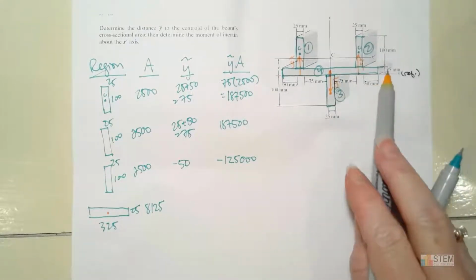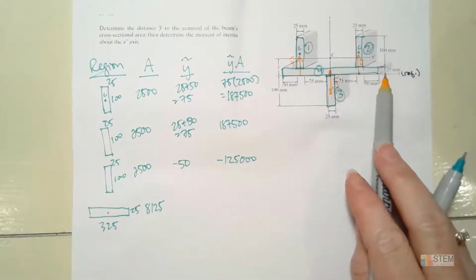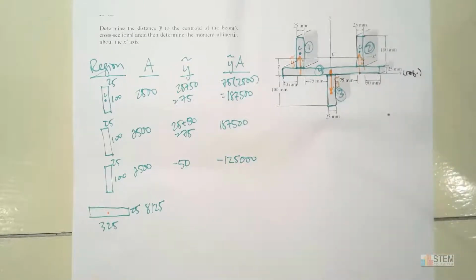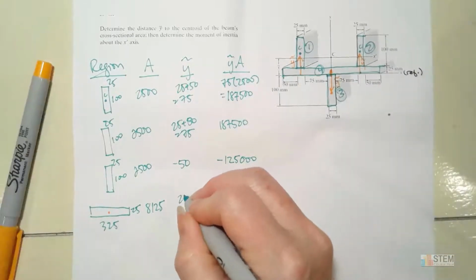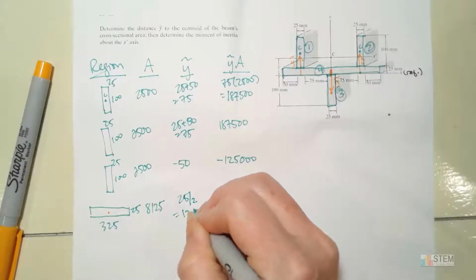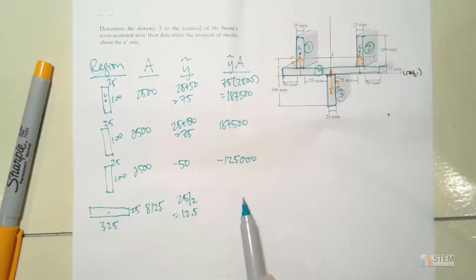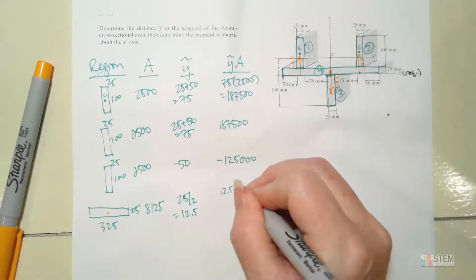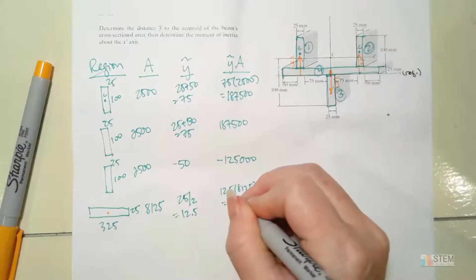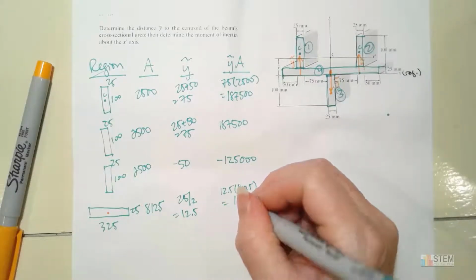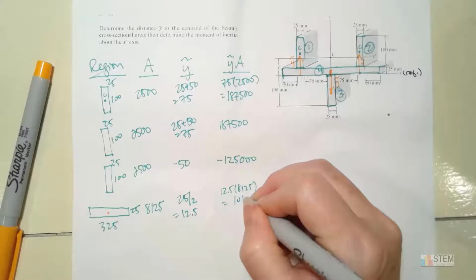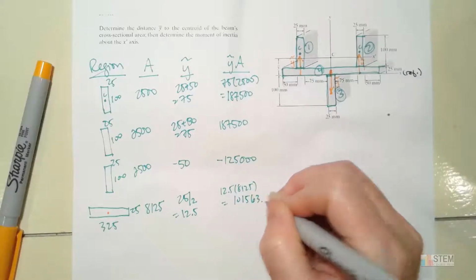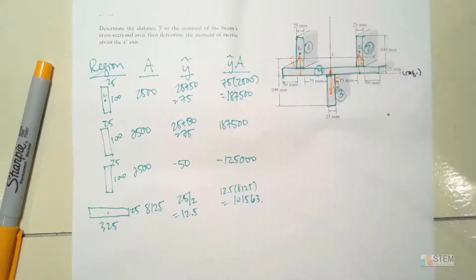So the height here was 25, so I'm going to go halfway up. So it's going to be 25 over 2, which is 12.5. So now here we do 12.5 times 8125. And that is 10,000, well, let's see, not 10,000, it's 101,563. All right, so now we're done with the hard part for this one.